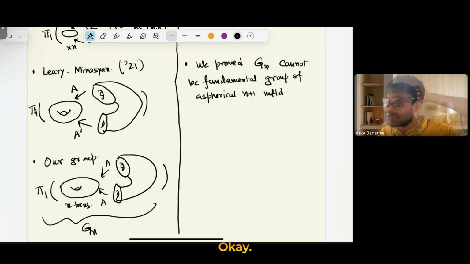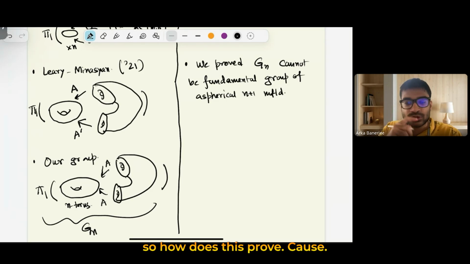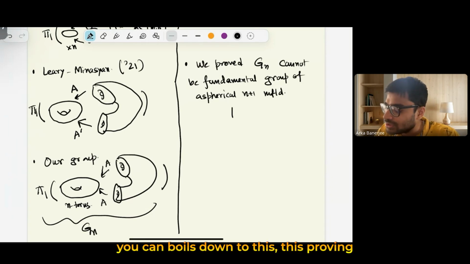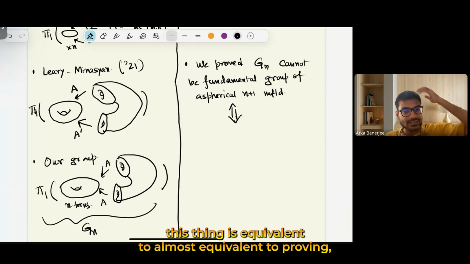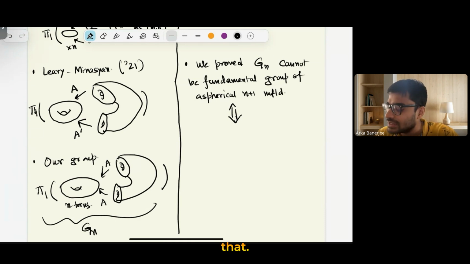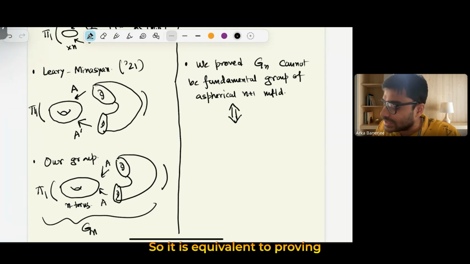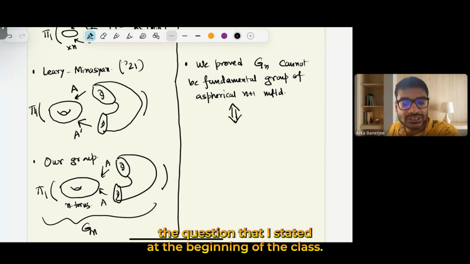So how does this proof go? It turns out this whole problem can be boiled down to, it is almost equivalent to, proving the question that I stated at the beginning of the class.